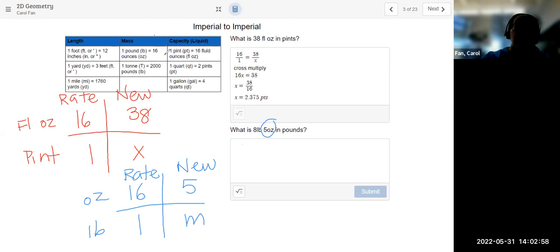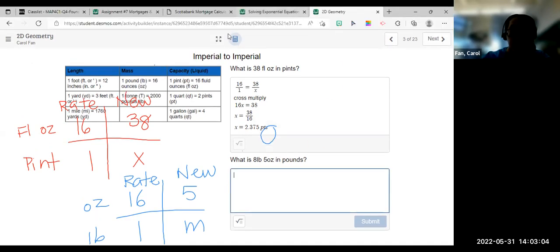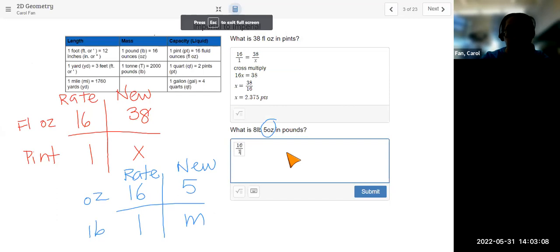So I'm going to set up my ratio once again. I have 16 over 1 equals 5 over m.